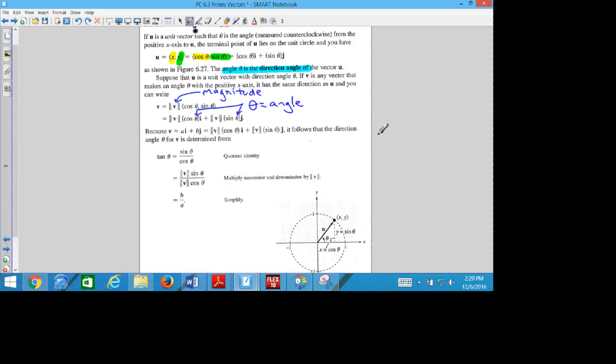Then it keeps going to show you how we can make this equivalent to tangent also. I'll show you how we would use that in a question. You're going to have to look at this when you answer some questions in your homework. There's also a picture showing you where x, y, and theta all are.